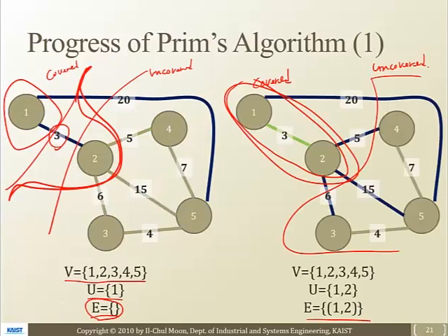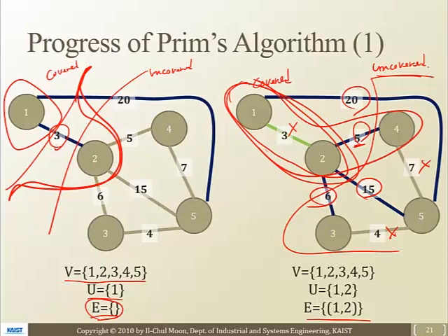After that, the edges connecting the covered node set and uncovered node set are 20, 5, 15, and 6. The 4 and 7 we don't have to consider. Among these, 5 has the smallest number, so we have to add 4 to our covered node set.